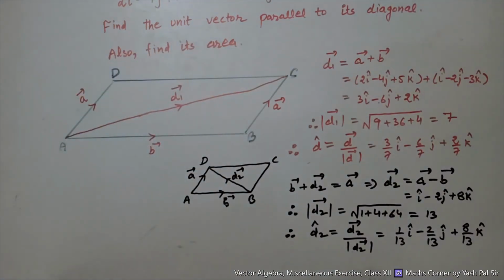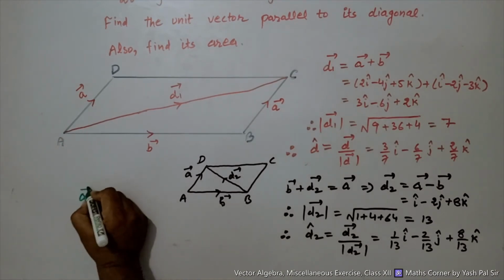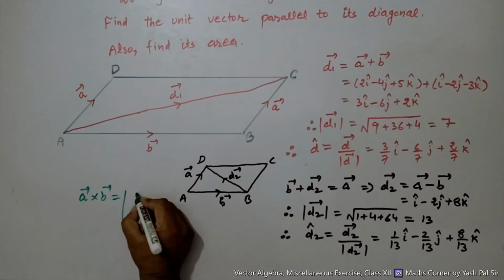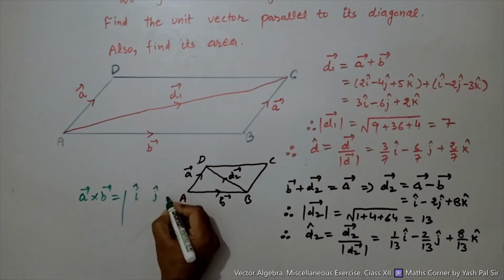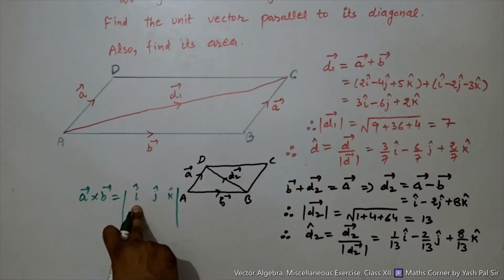This was the first part, find the unit vector parallel to its diagonal. The second part is to find the area of the parallelogram. So in order to find the area of the parallelogram, we find the cross product. Cross product of vector A cross vector B, that is equal to, we write i cap, j cap, k cap.